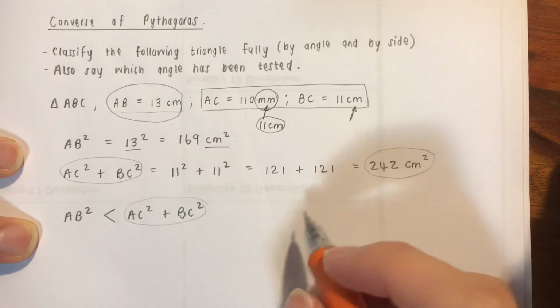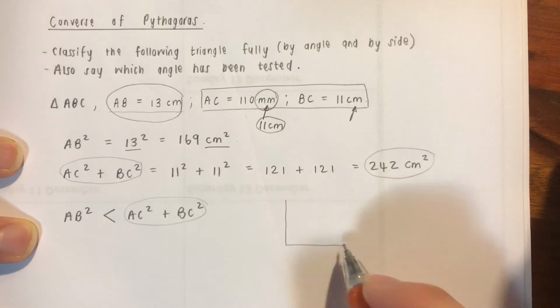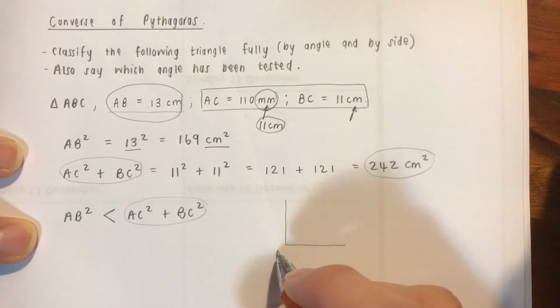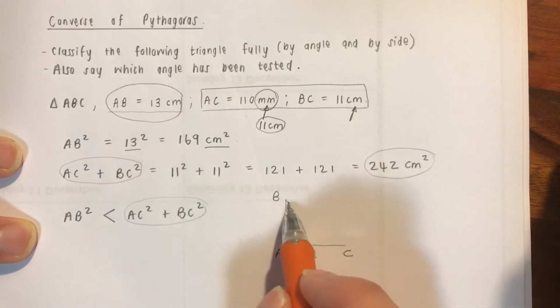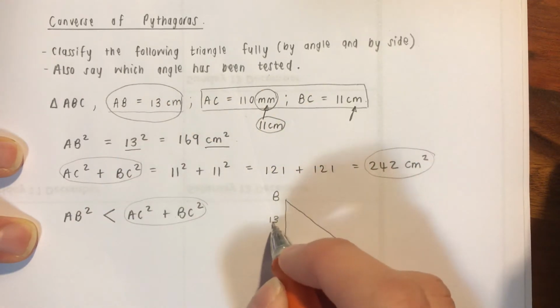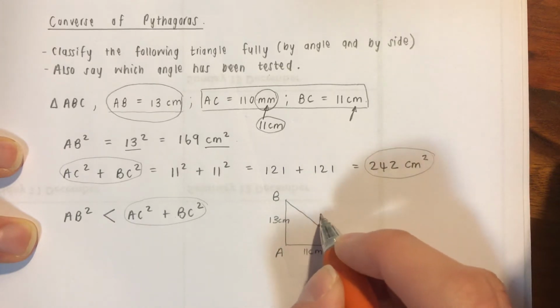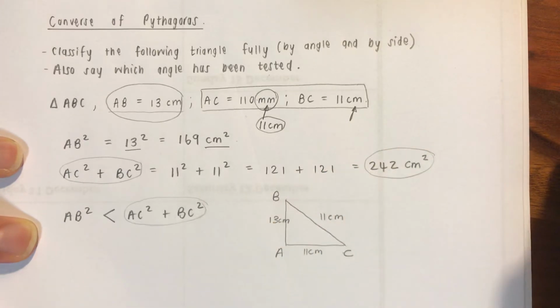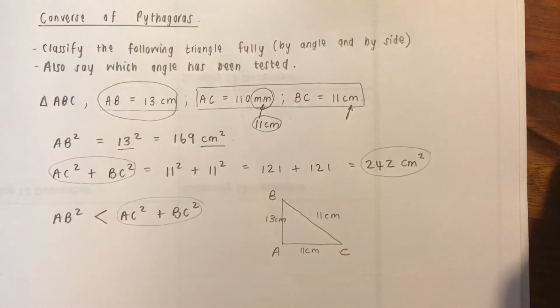Normally, if you draw a quick triangle here, let's call that A, B, C, like that. So I just quickly drew this. AB is 13 centimeters, and then AC is 11 centimeters and BC is 11 centimeters. Now I want to draw it differently, so I'll erase this.